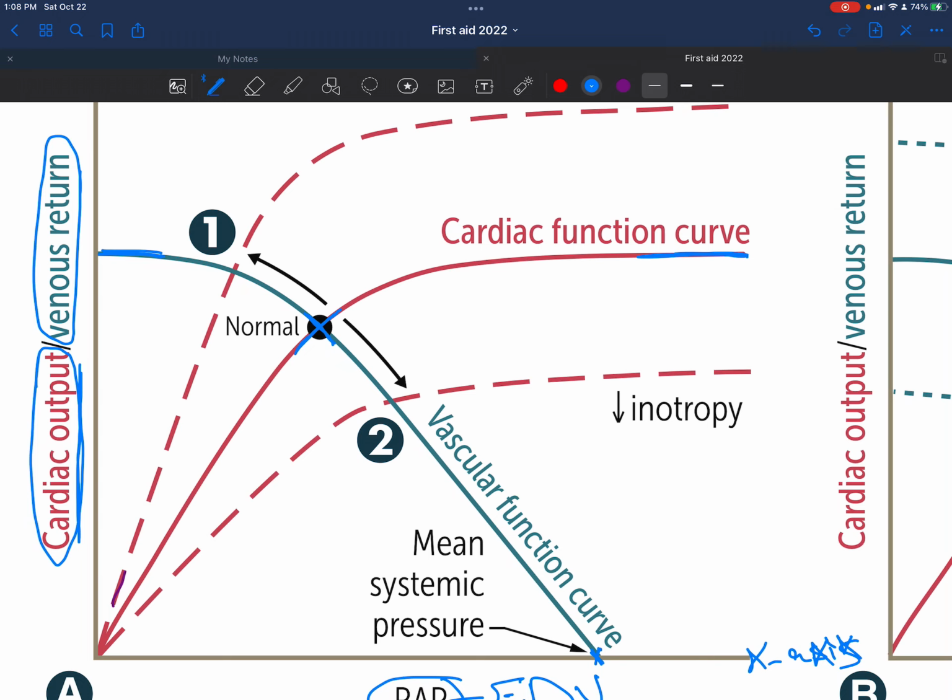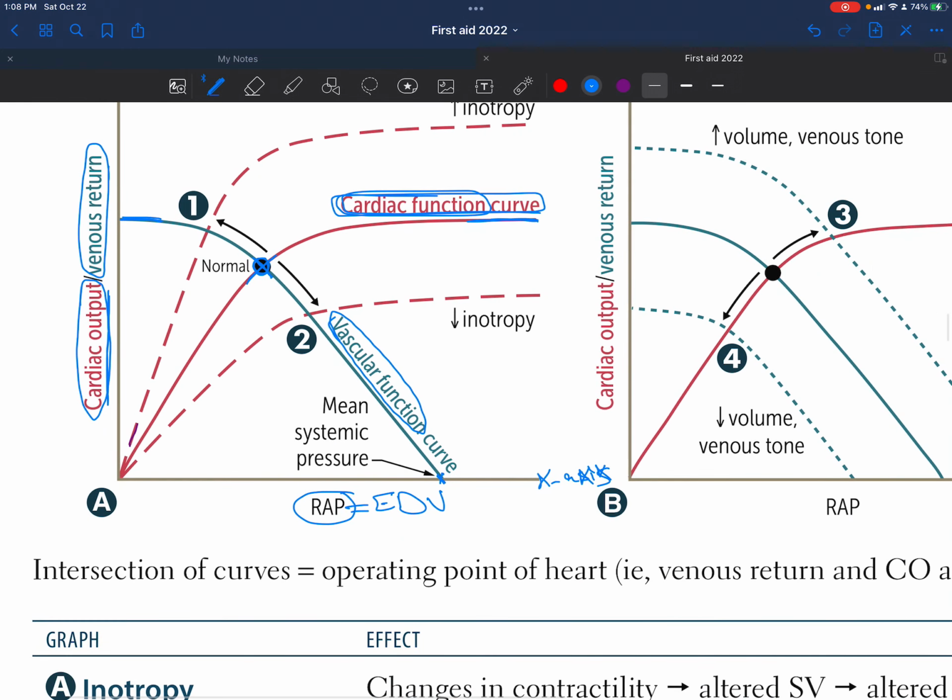So in normal conditions, the cross section between these two curves, the one that represents the contractility and cardiac function, and the other representing the vascular function, about how much the vessels are containing blood within them, is just the normal point. This is a normal person who does not have any problem.